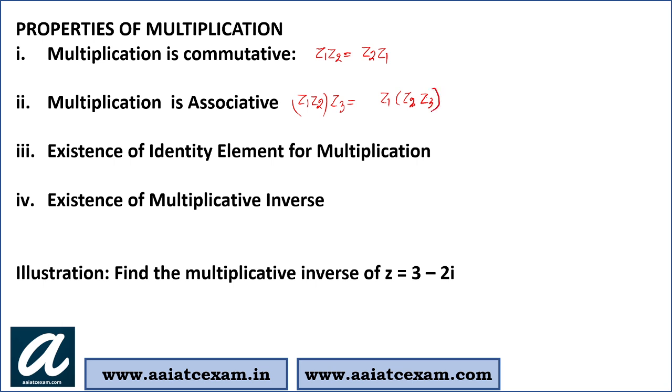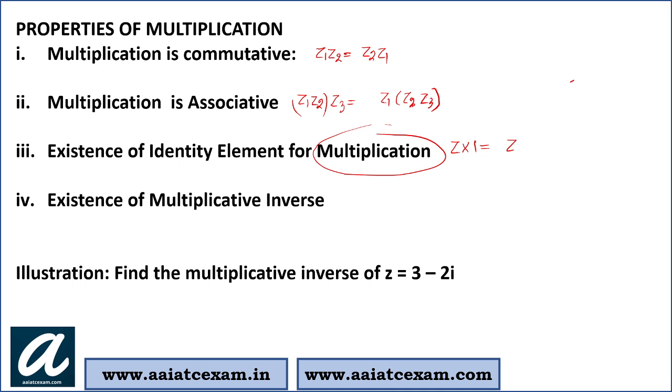They should be equal. The next is existence of identity element. What number should I multiply with this complex number so that the result is the same? So 1 will be that number. I will say 1 is the identity element for all complex numbers under the operation multiplication.